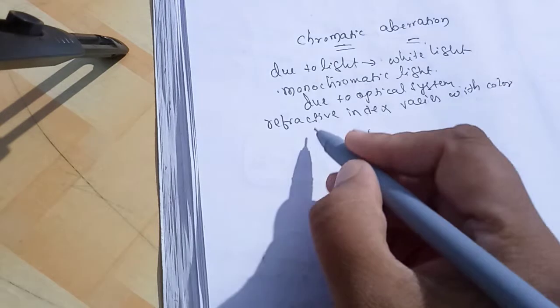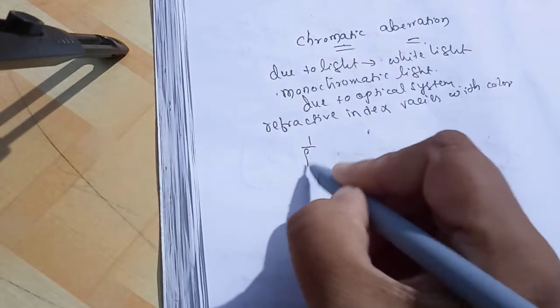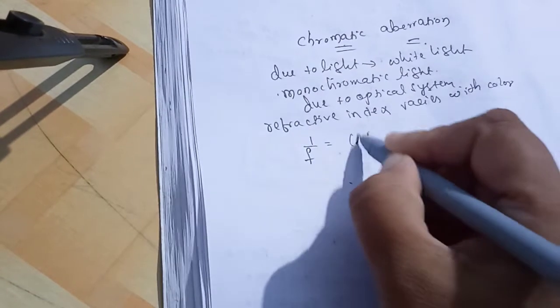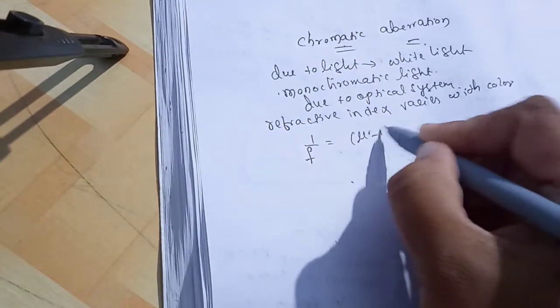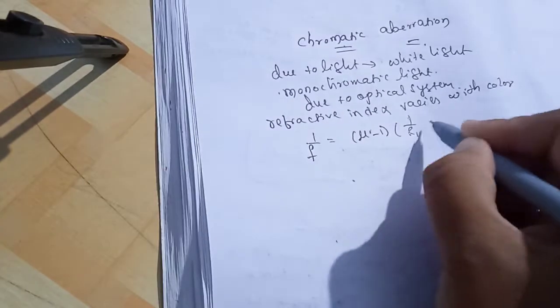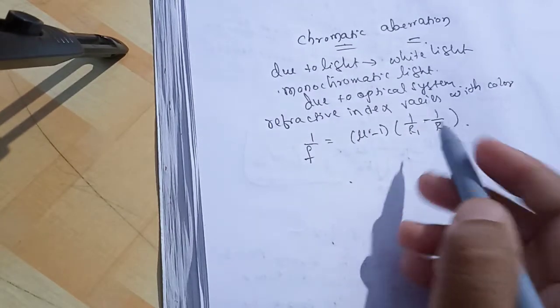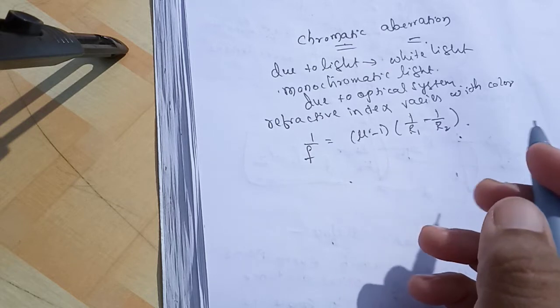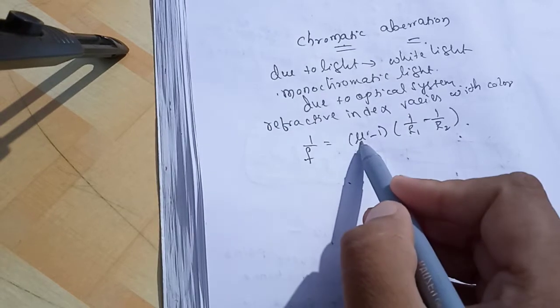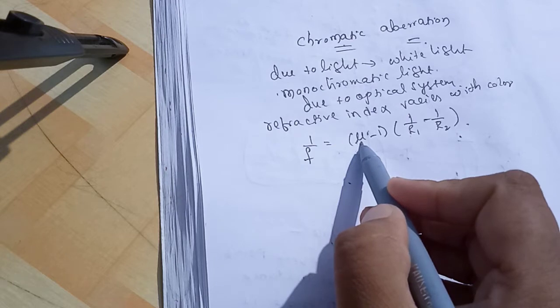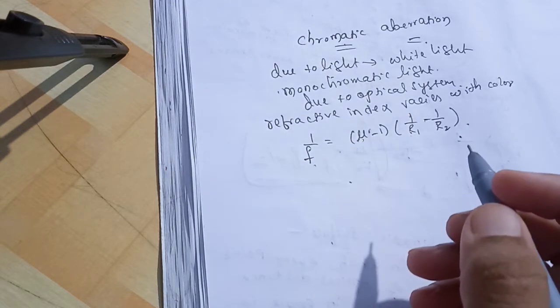We know that the focal length of the lens is given by the formula 1/f = (mu - 1)(1/r1 - 1/r2), right? R1, R2 are the radii of curvature of the lens, mu is the refractive index of the material of the lens, and f is the focal length of the lens.